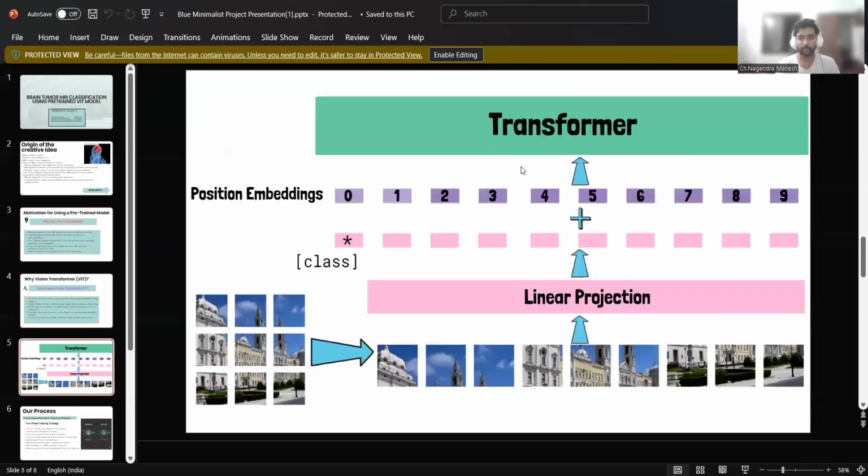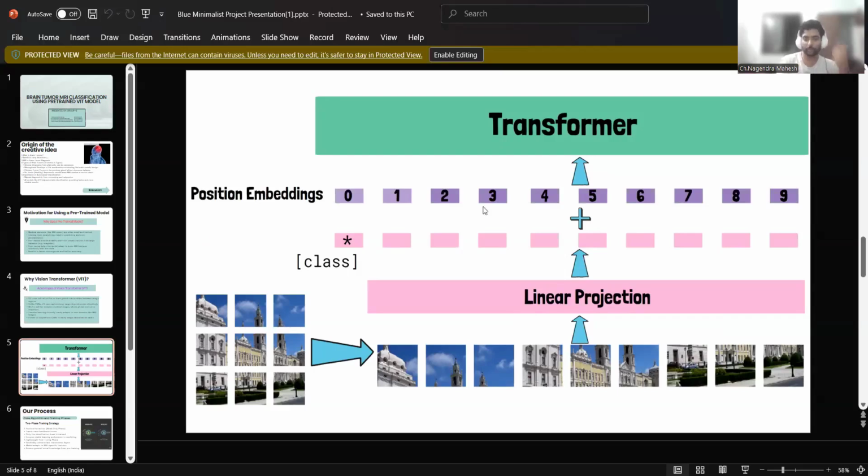So let me show you how a transformer works. Consider this image. We split the image and feed it to the transformer. Since it's a self-attention network, it will calculate the query, key, and value. Based on these, it will calculate the attention score and attention matrix. These matrices are embedded here.